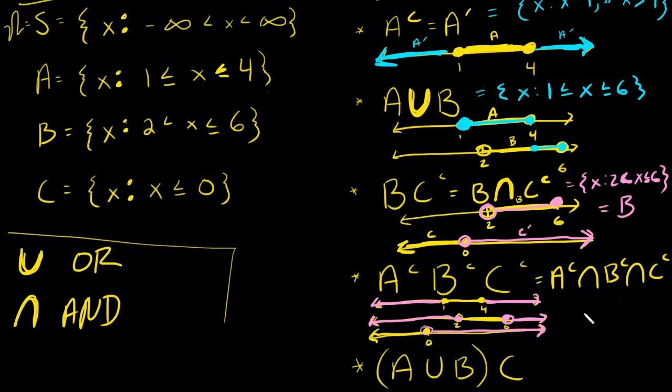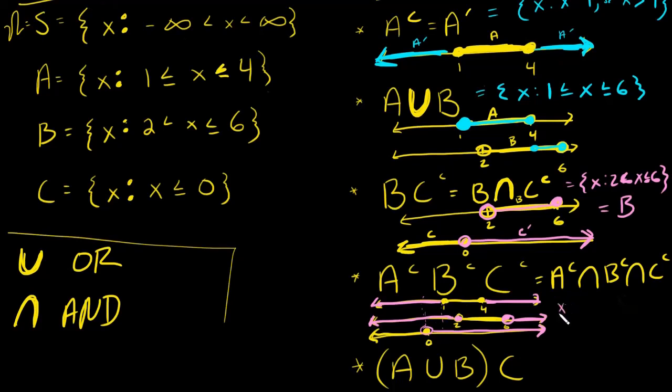So I'm looking for elements that belong to all 3 of these. Anything less than 0 doesn't belong to C complement, so I can knock that out. Starting at 0, I have elements that belong to all 3, until I get to 1.